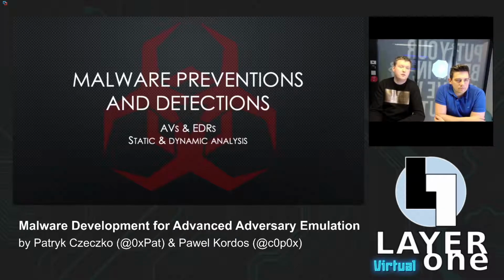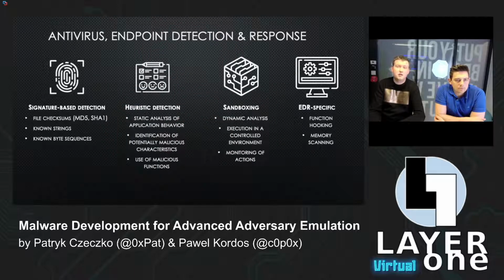Alright, so the first part is to understand what the antivirus is and how it actually works. So there are a couple of different ways how antivirus solutions work. And the first one is the very simple signature-based detection, which checks your file versus a list of known files which are known for being malicious.